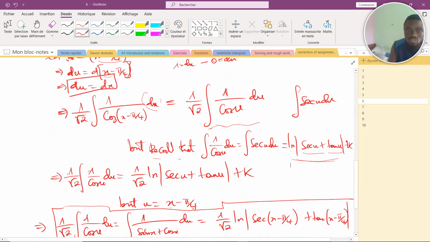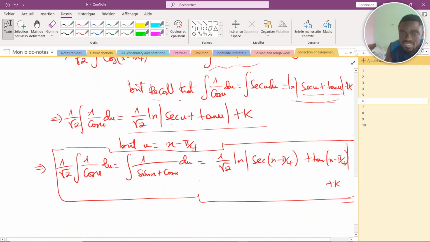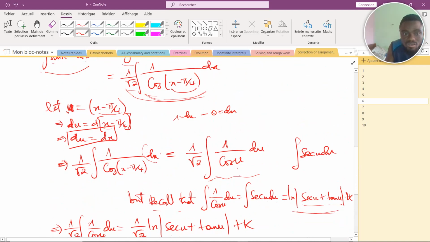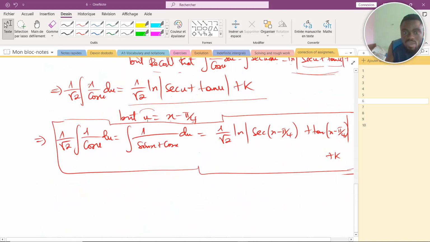So this implies 1 all over root 2 integral of 1 over cos u du, the answer is, but what was our u? Remember, we let our u be equal to x minus pi on 4. So where we see u, we replace it by x minus pi on 4.